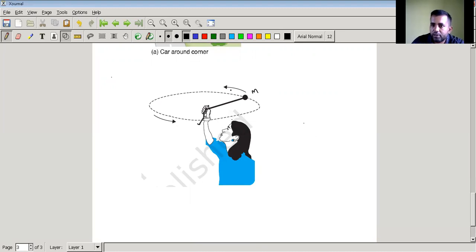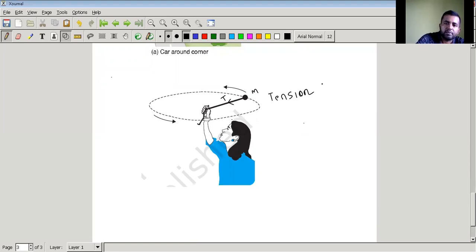As you start moving, there will be tension acting on this, in this direction. And due to this tension, it will describe a circle. So tension will provide the centripetal force here, when you make a stone attached to a string go in a circle. So in this case, tension is providing the centripetal force.